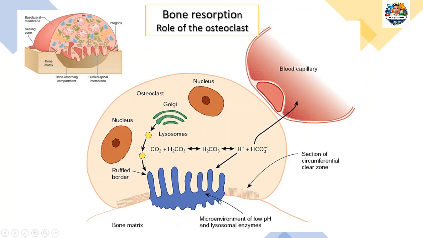In that way, the bone matrix will be dissolved or resorbed, and the byproducts of the bone resorption will be absorbed by the osteoclast through endocytosis and passed on to other osteoclasts, then finally to interstitial fluid, and byproducts of bone resorption may be present in the urine also.